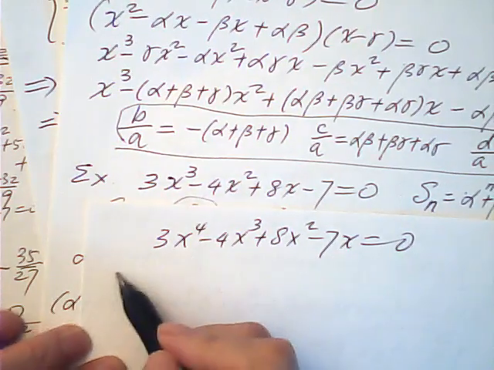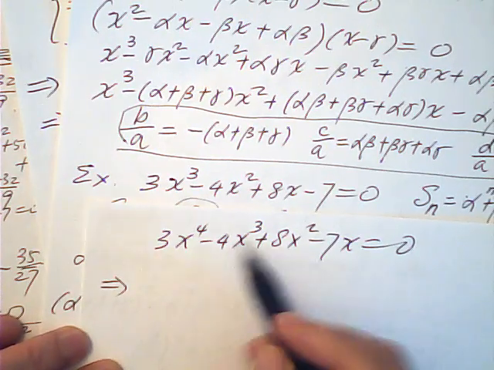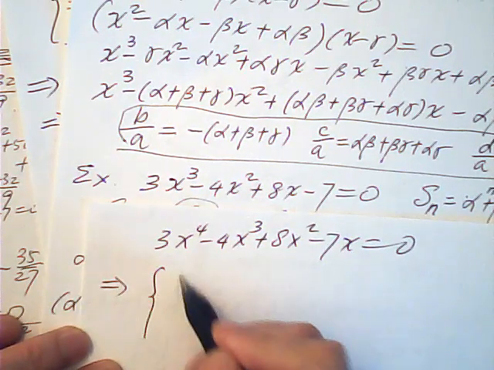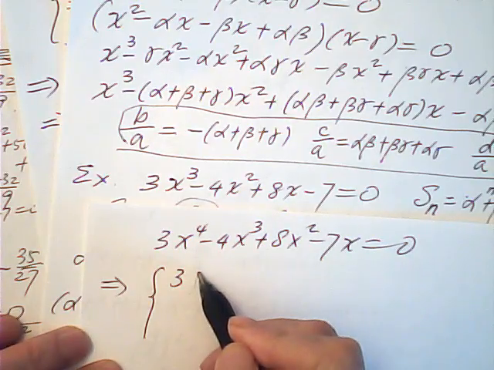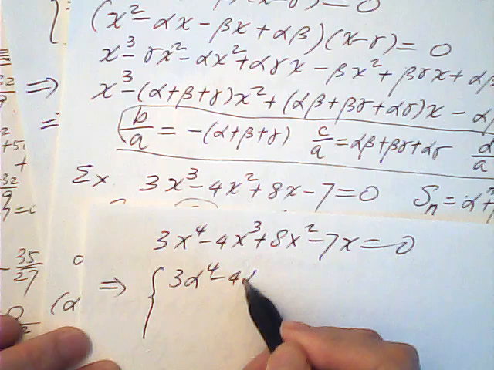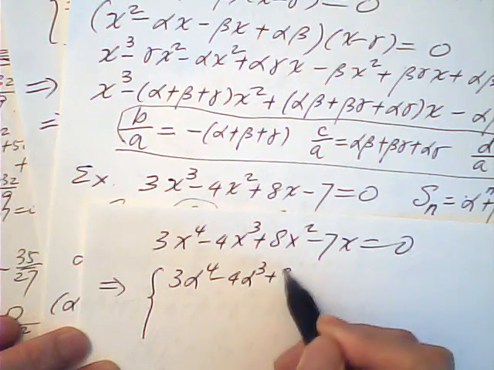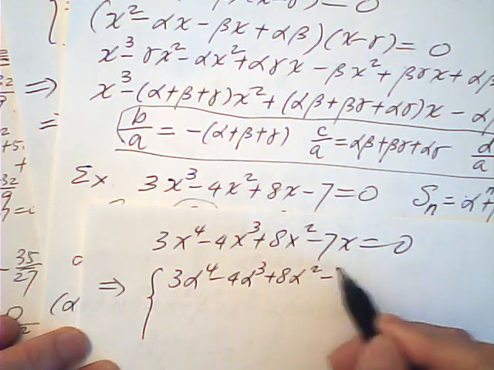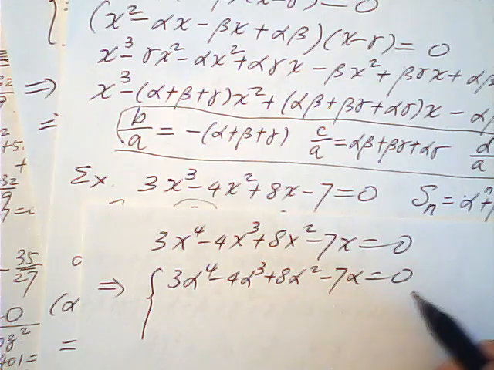Then we substitute alpha, beta, and gamma. So we have 3 alpha to the fourth minus 4 alpha cubed plus 8 alpha squared minus 7 alpha equal to 0, right?